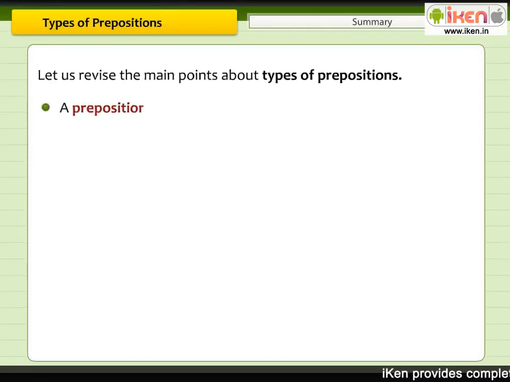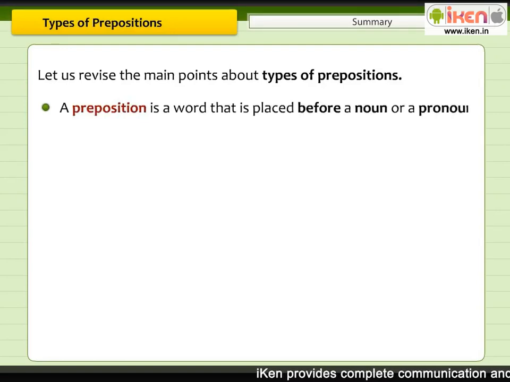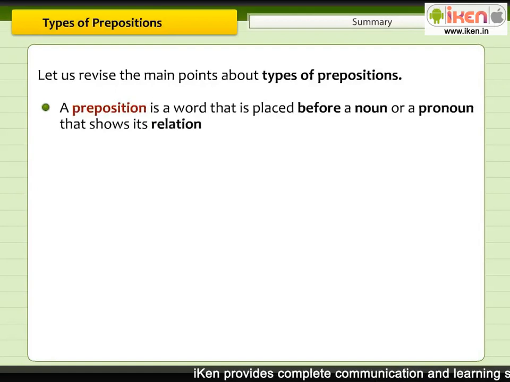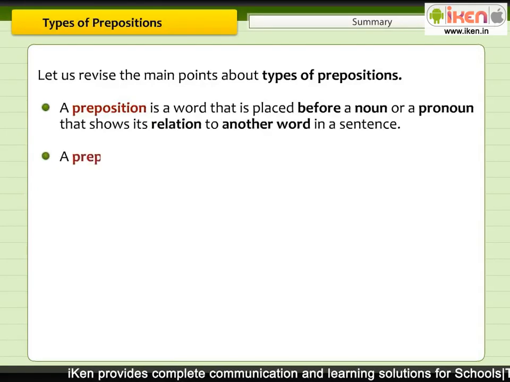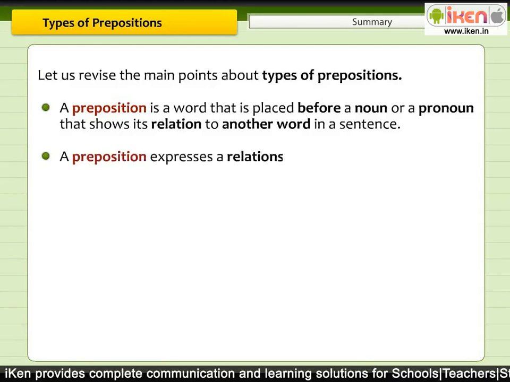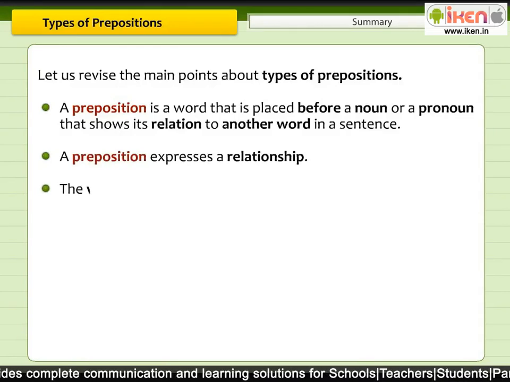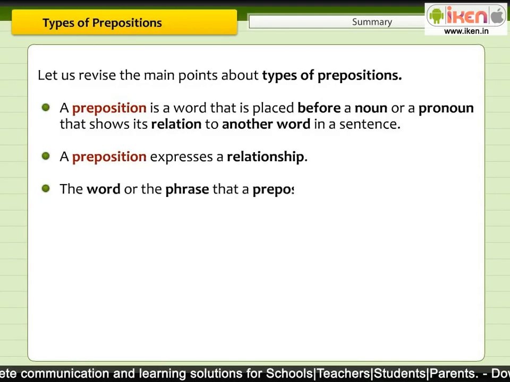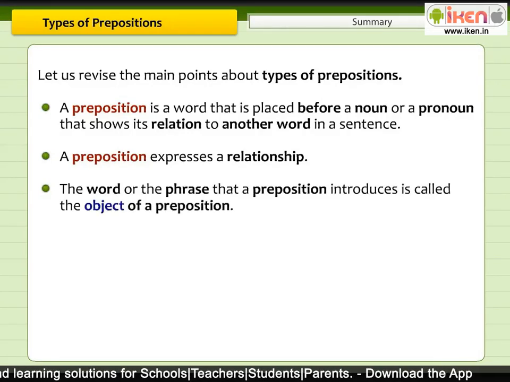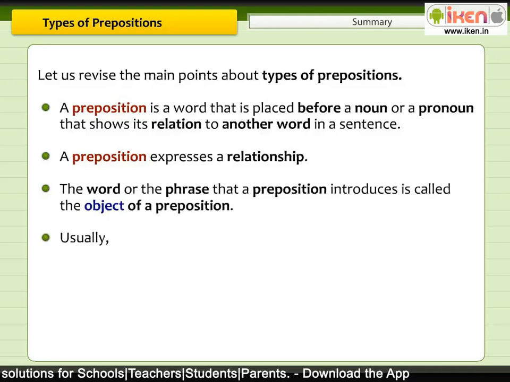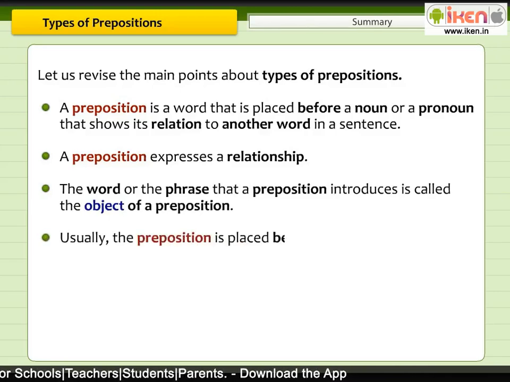A preposition is a word that is placed before a noun or a pronoun that shows its relation to another word in a sentence. A preposition expresses a relationship. The word or the phrase that a preposition introduces is called object of a preposition. Usually, the preposition is placed before the object.